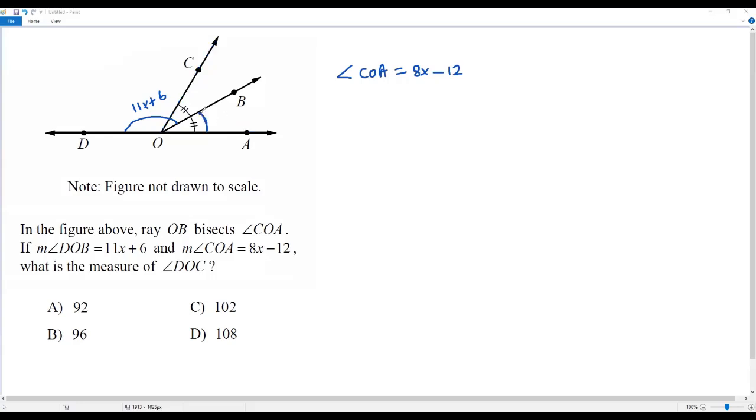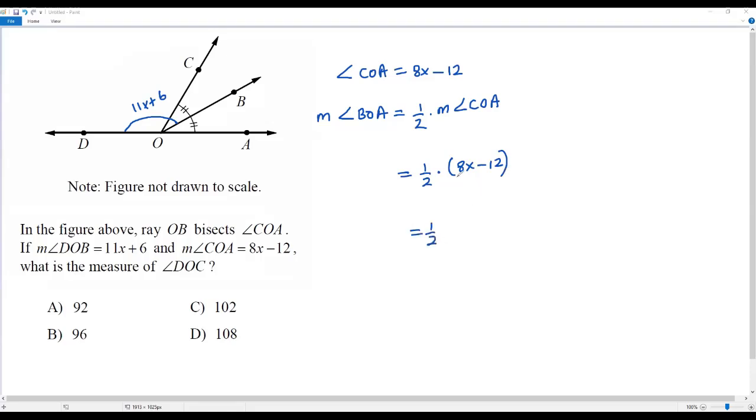So the measure of angle BOA equals 1/2 times the measure of angle COA. And already we know that the measure of angle COA is 8x - 12.